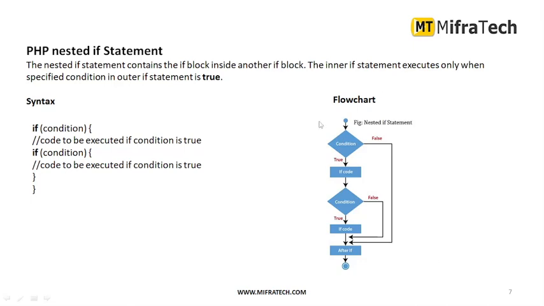When you see the flowchart, you will understand easily. If the first condition is true, it will execute another if statement and then execute the code. If the first block of code is false, it will be directly printed as the output.